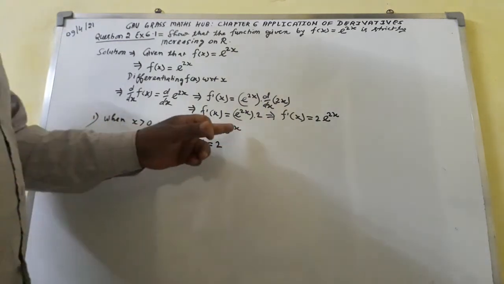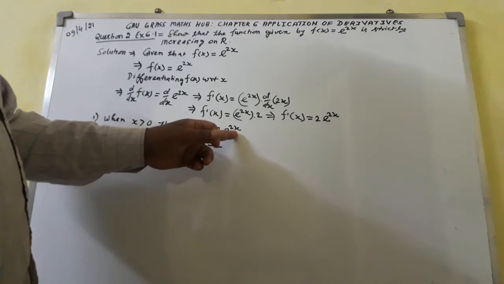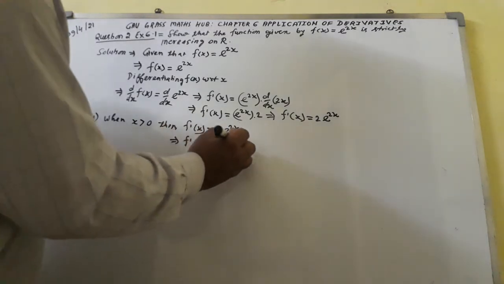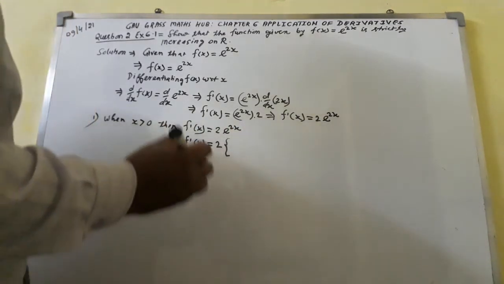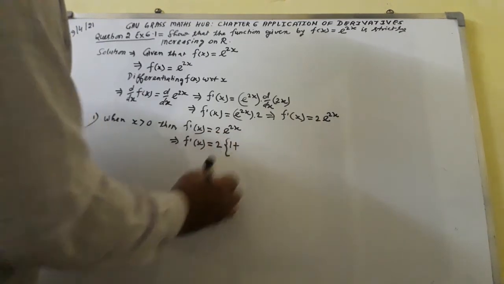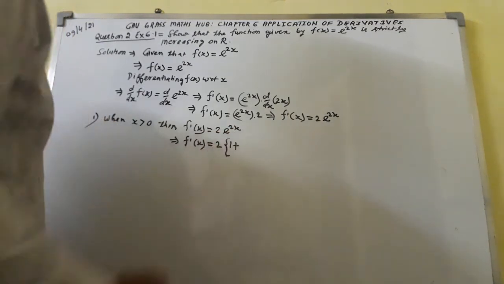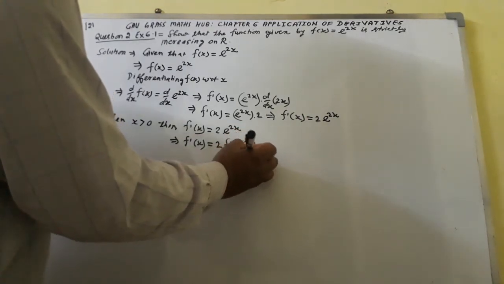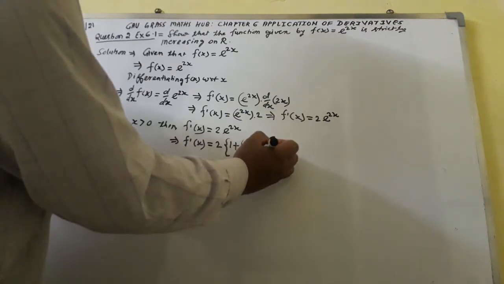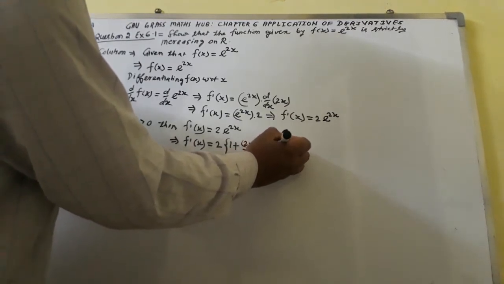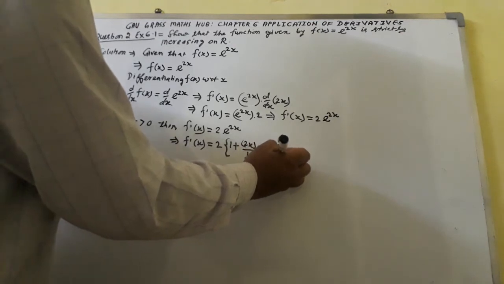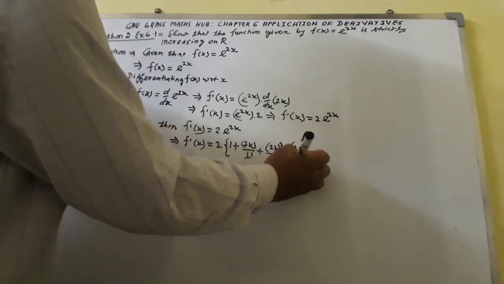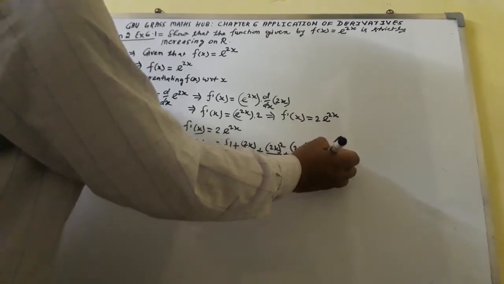If you let the value of x be 1, so e raised to the power 2x, you will get the formula here: 1 plus 2x over factorial 1 plus (2x) whole square over factorial 2 plus (2x) whole cube over factorial 3 plus dot dot infinite.